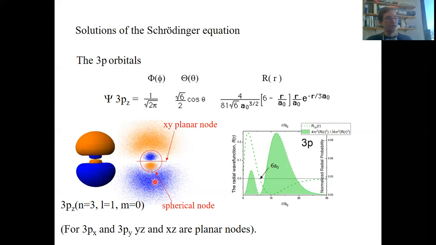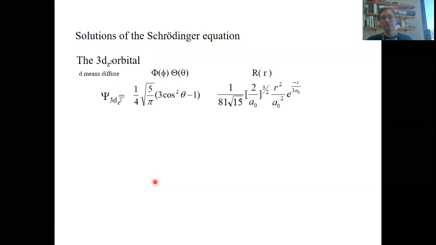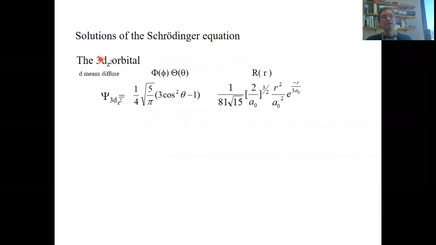All right. Now, let us move from the p orbitals to d orbitals. And I see we're a little bit short of time, but we can at least start with that already. Let's start with the 3dz square orbital.